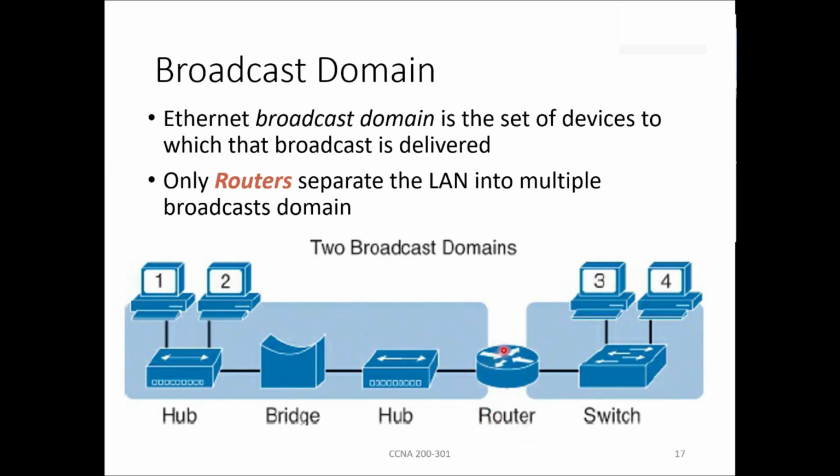That's why the router is very important, because a router can separate the broadcast domain. Broadcast domain means if any broadcast happens in this area, this broadcast will not go to the other side of the router. So that's how a router can separate the broadcast domain.